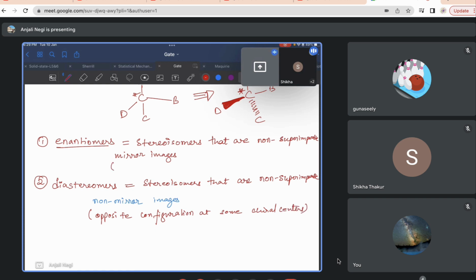But in the case of enantiomers, they have opposite configuration at all chiral centers.